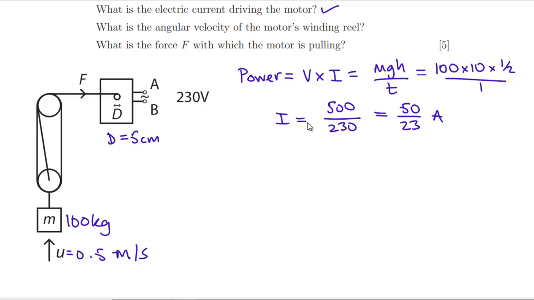What is the angular velocity of the motor's winding reel? So the angular velocity, let's call it omega, is going to be equal to 2 pi times the number of rotations that we get per second. So how many rotations have we had every second?